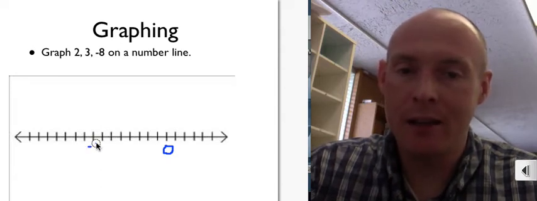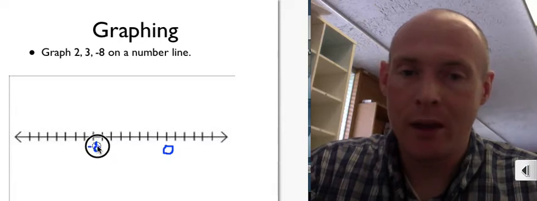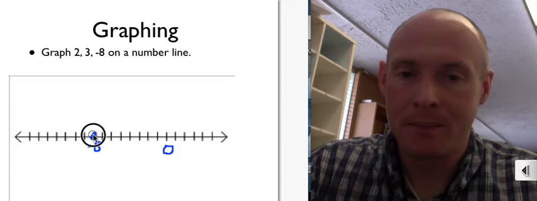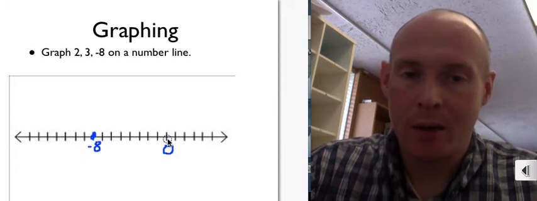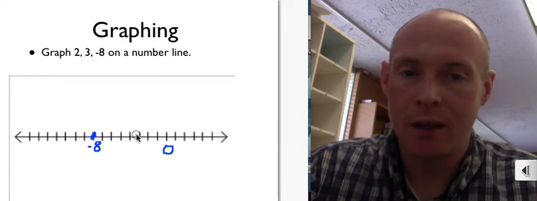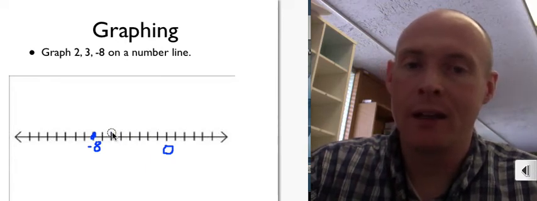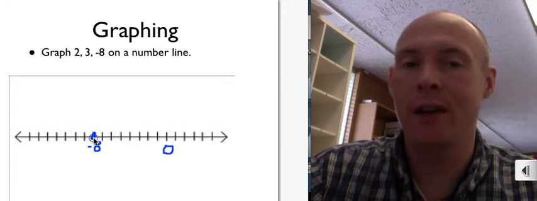My -8 would go there. And I'm going to darken that in and double check my work. 0, -1, -2, -3, -4, -5, -6, -7, -8.